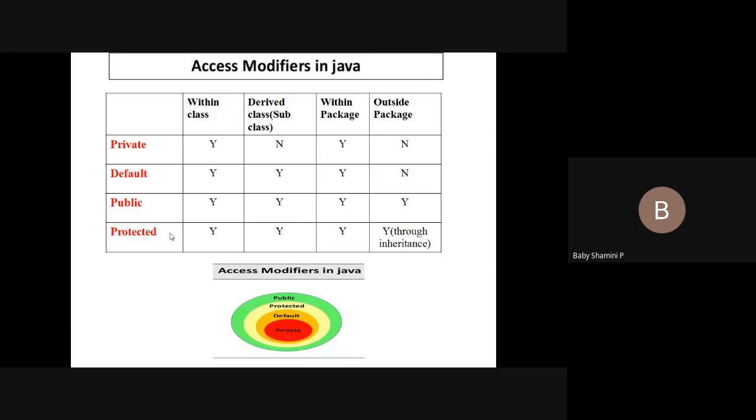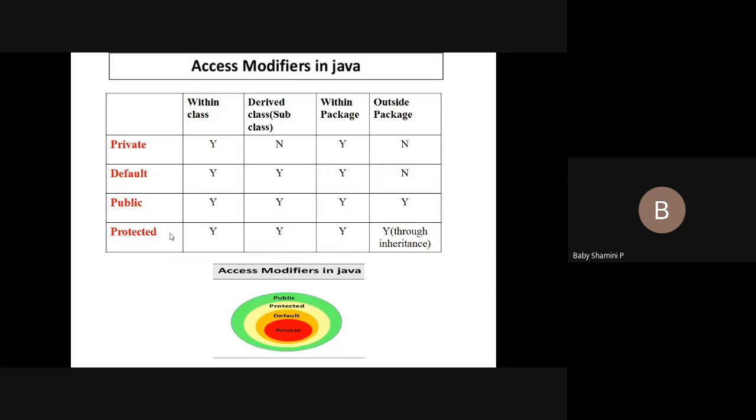What does an access modifier mean? It represents the scope or visibility of data members, methods, constructors or a class. We can declare an access modifier for a class, for a constructor, and for data members and methods.